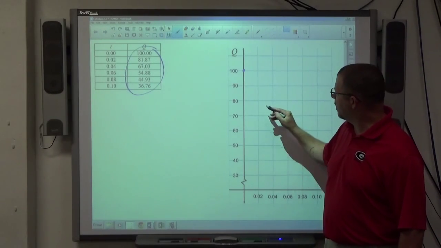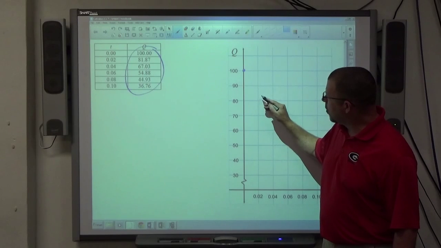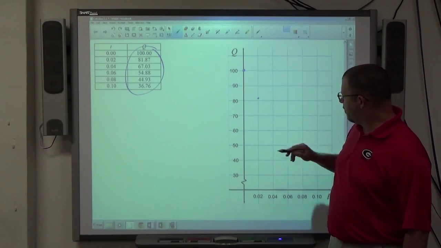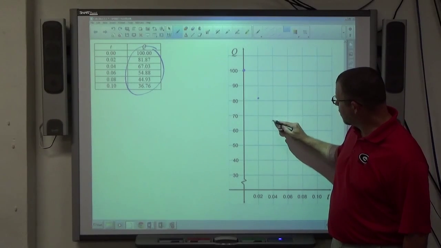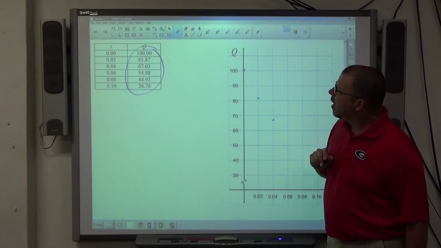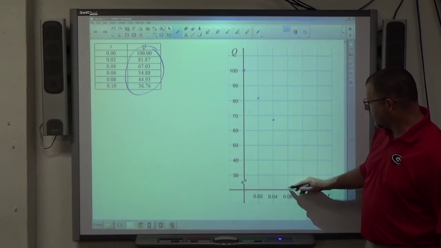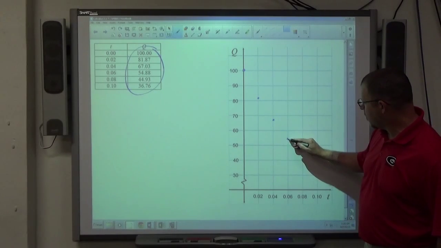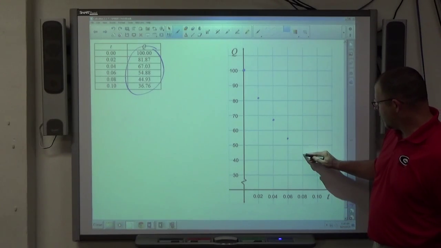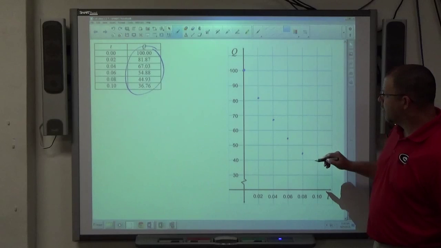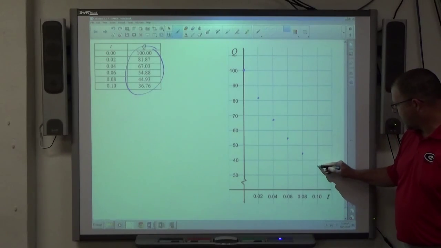At 0.02, 81.87 would be almost 82. I'd call it about there. 0.04 is 67.03, probably about here. 0.06, 54.88, almost 55, almost halfway. 44.93 is almost halfway, and 36.76 is probably about here.